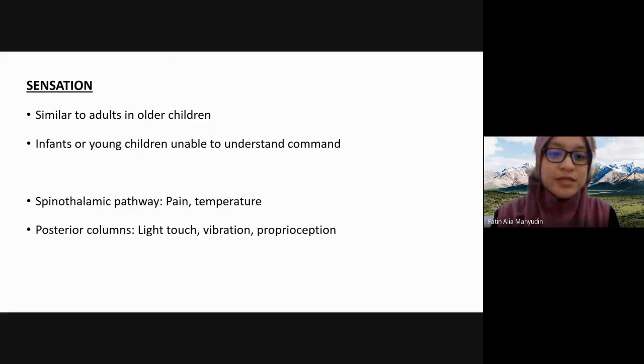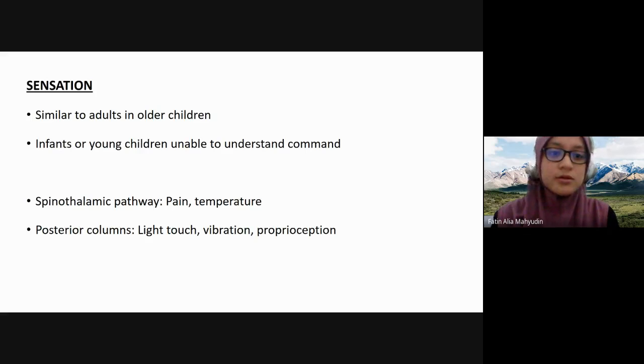However, in infants and young children, it is quite difficult to assess sensation because we have to ask the patient whether they can feel the touch or not. Like if we use a needle to assess pain sensation, we ask, can you feel it? Then they answer yes. But infants and young children are unable to understand the command, so they cannot respond whether they can feel it or not.